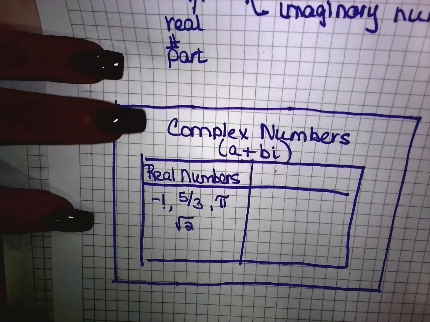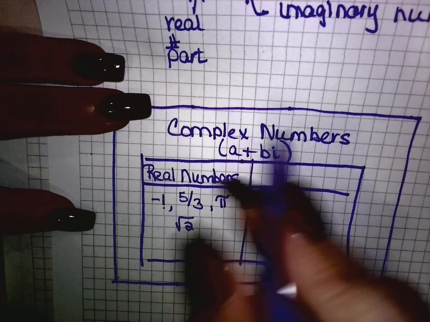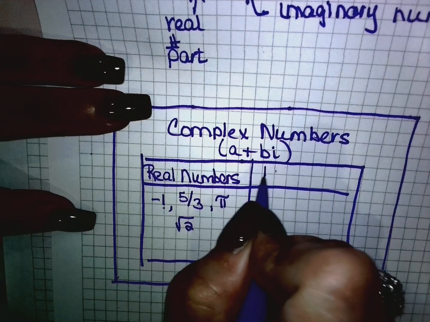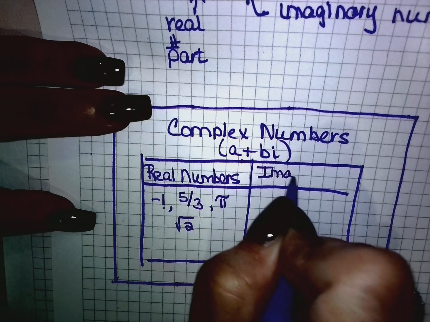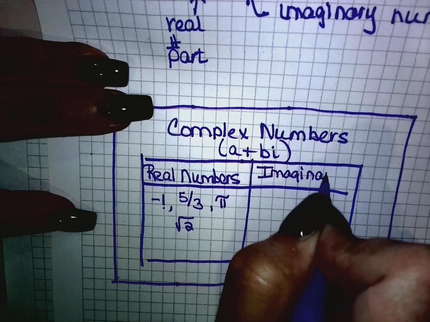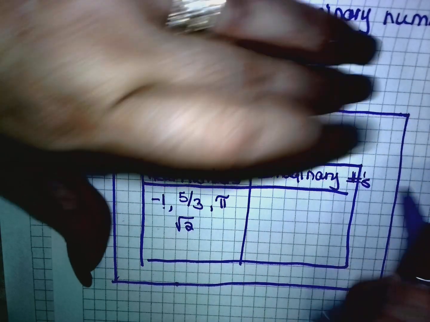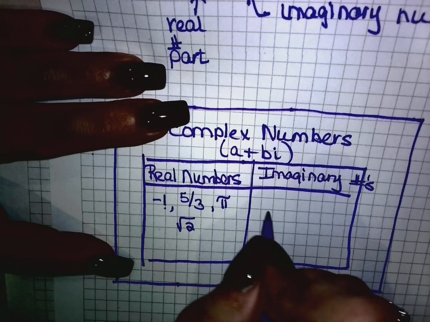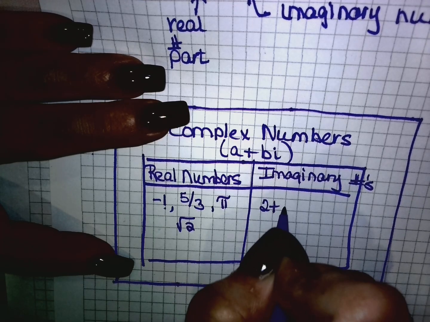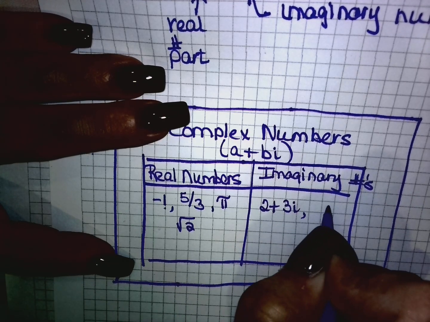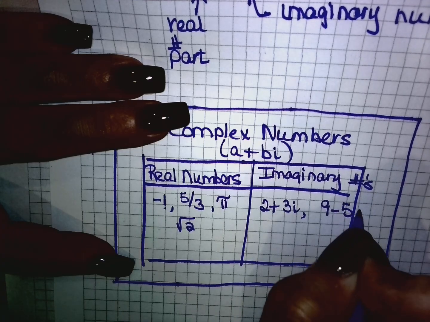All of these are our real numbers. And then over here we're going to have our imaginary numbers. Those are going to look like 2 plus 3i, 9 minus 5i.